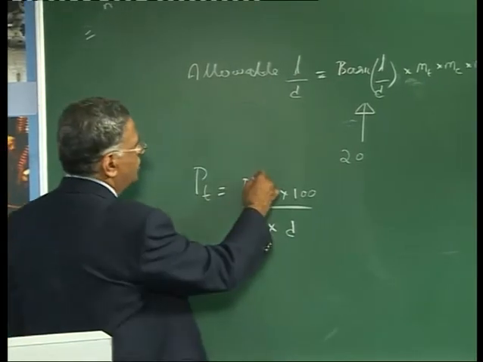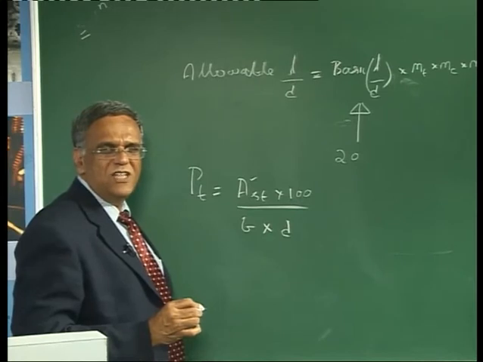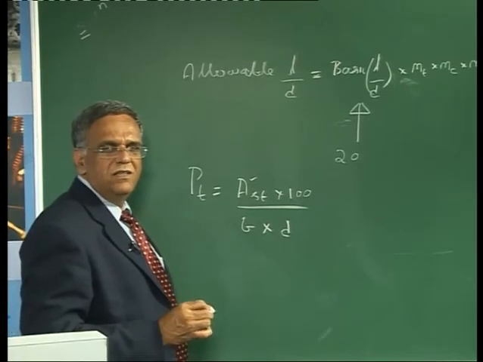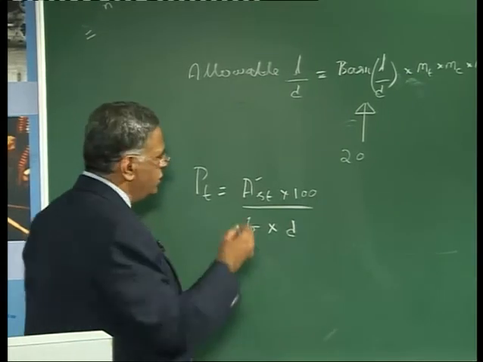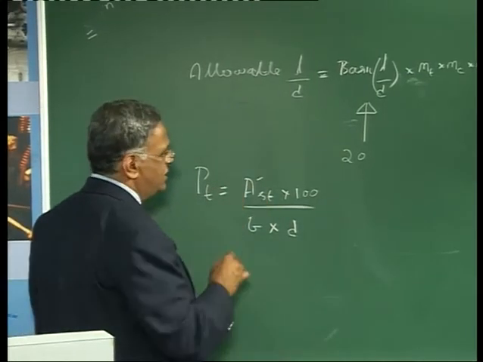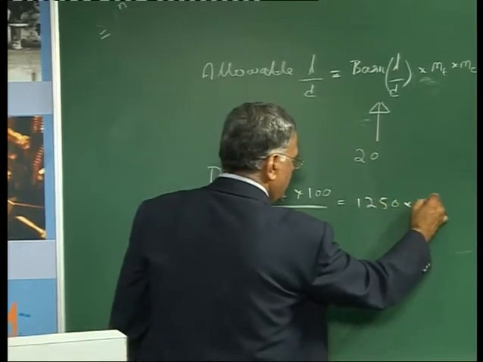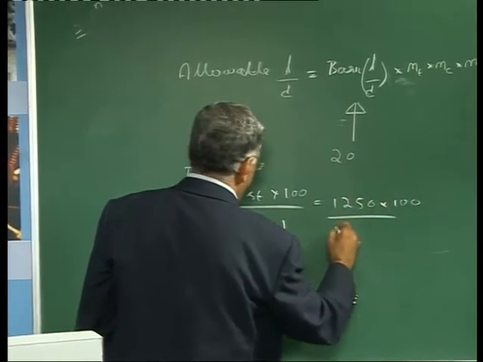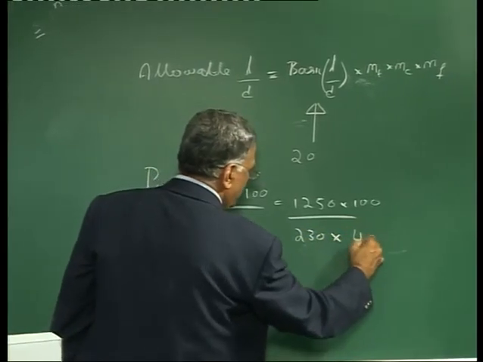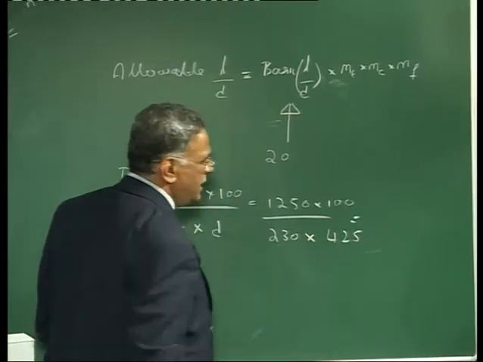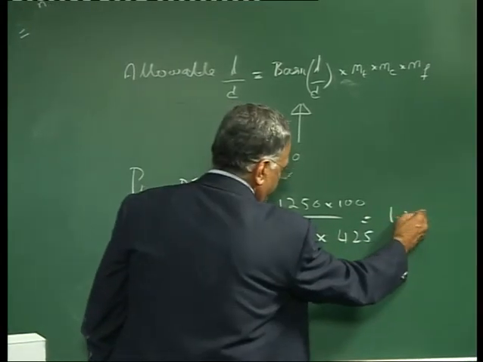If you substitute the value of AST as 1256 mm square, this is the actual steel provided, and if you use the values of B and D, you are going to get the percentage of tensile reinforcement as 1.30%.